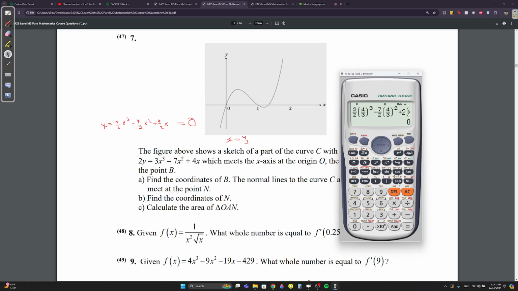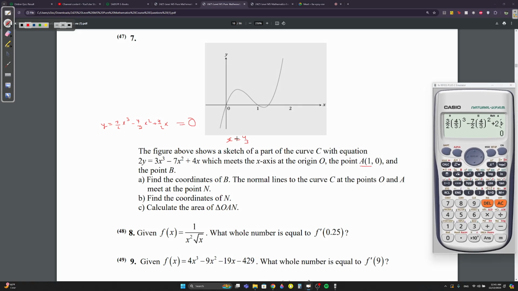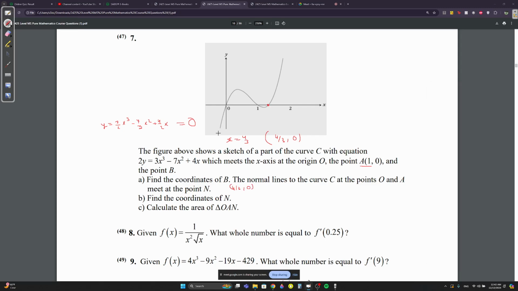So it's going to be, no, it's 0. Why? I'm actually so stupid. 4 over 3 comma 0. Of course, because it's intersecting the x-axis. Of course it's 0. Yeah, 4 over 3 comma 0.